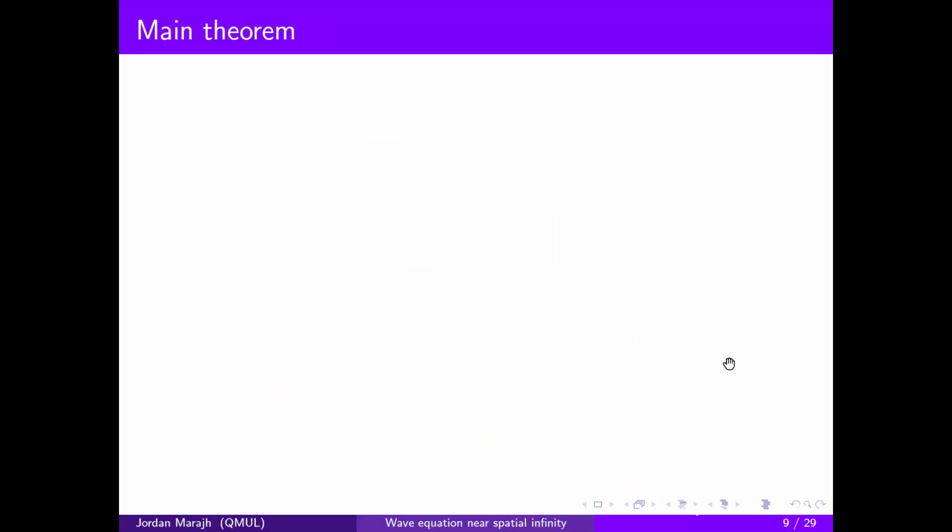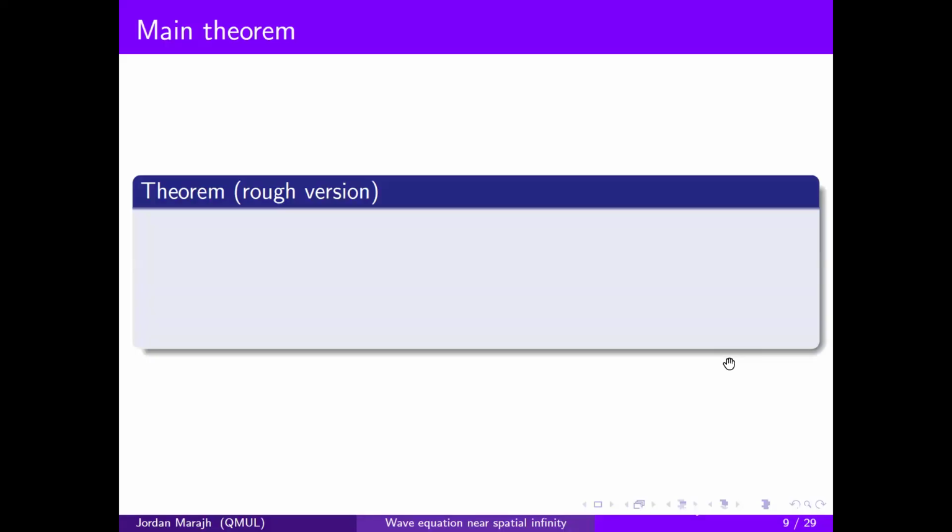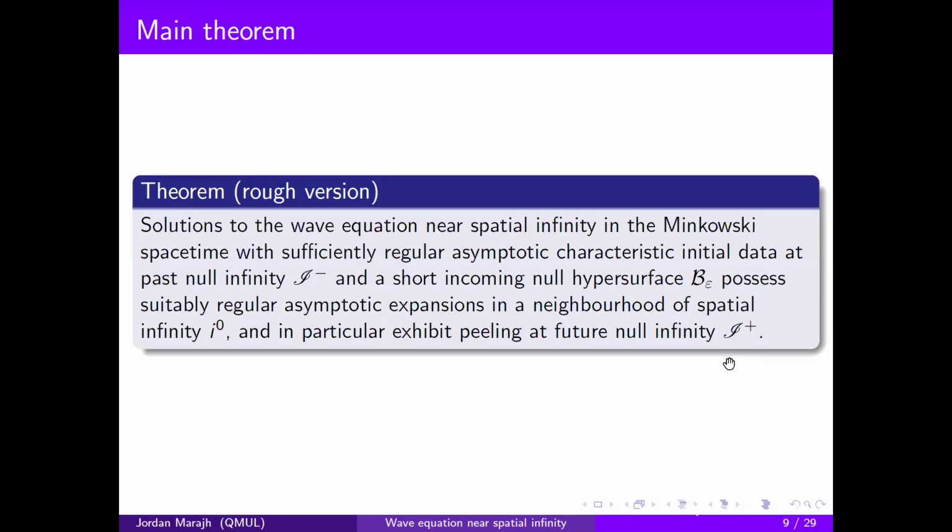Okay, so let's just quickly state what the main theorem looks like. So here's a rough version. If I want solutions to the wave equation near spatial infinity on Minkowski, then what I can tell you is that there's sufficiently regular asymptotic characteristic initial data, like on those orange hypersurfaces that I showed in the past.